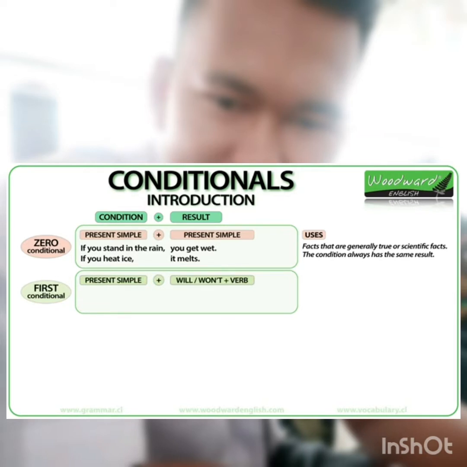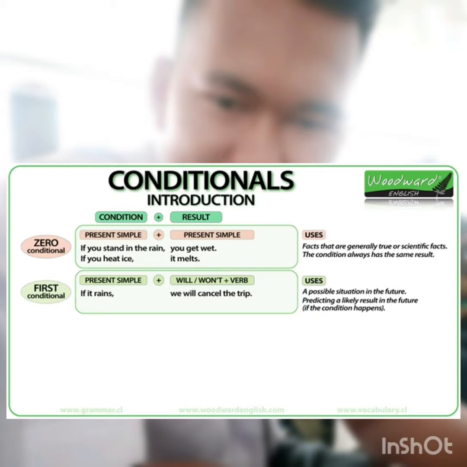The first conditional. This involves the present simple plus will, or its negative won't, plus the verb. This is used to express a possible situation in the future. We are predicting a likely result in the future if the condition happens.